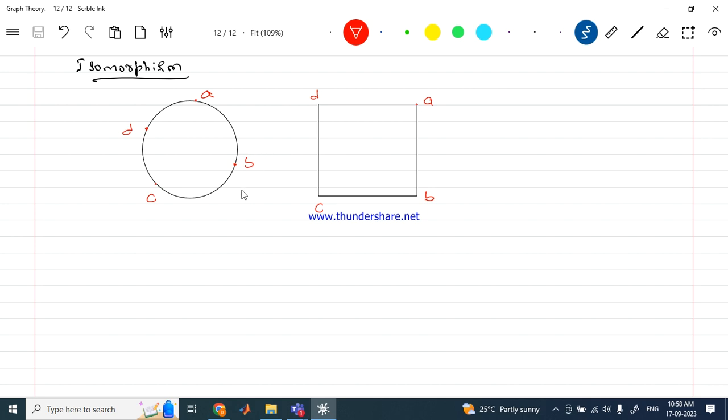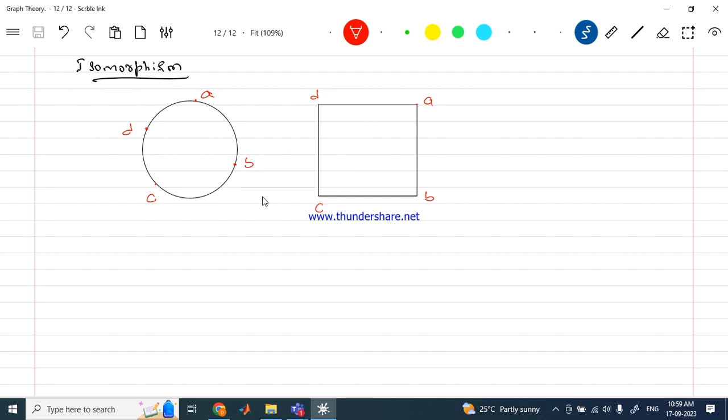In this case, A and B are adjacent, A and C are non-adjacent, and D and B are non-adjacent. That's all. These 2 graphs seem different because of their shapes; one looks like a circle and the other like a square. But they are actually carrying the same information, so these 2 graphs are identical. That is what isomorphism says.